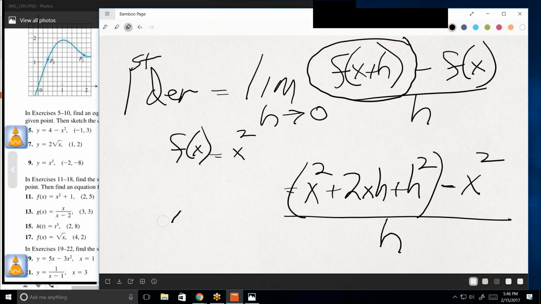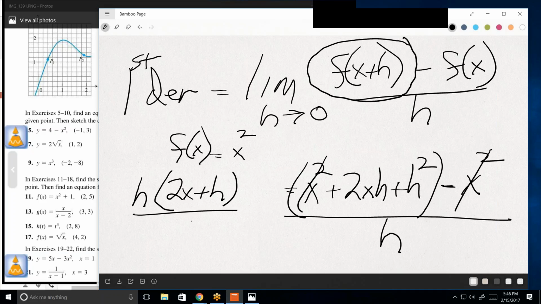I got 0 in the denominator. But here's what happens every time. That x squared cancels with that x squared. Now I can factor out an h from the remaining 2 terms, and I get h times 2x plus h, right? In the numerator. Still got h in the denominator.